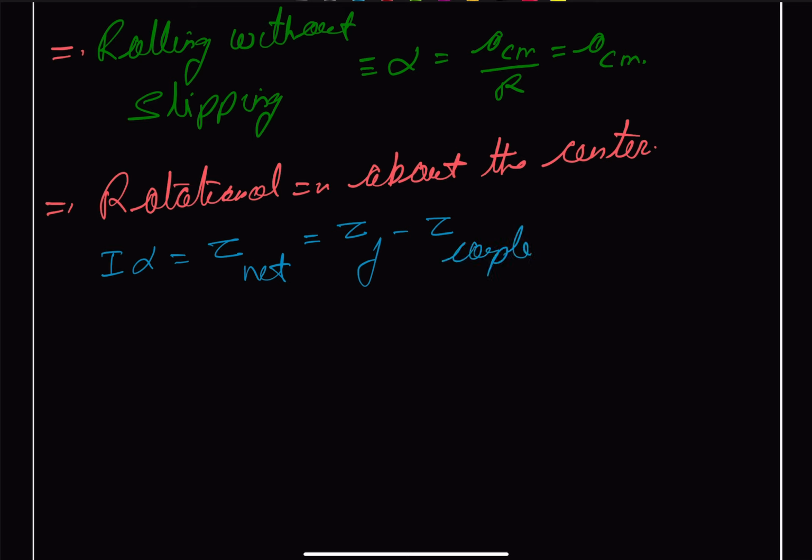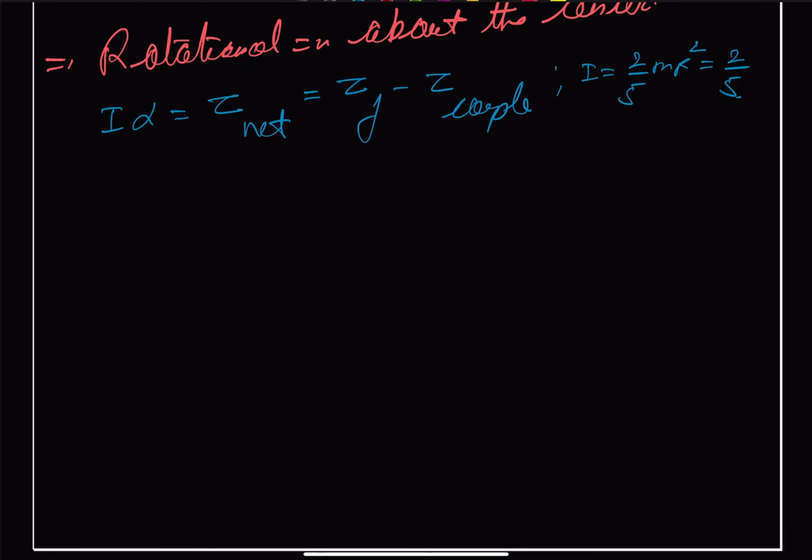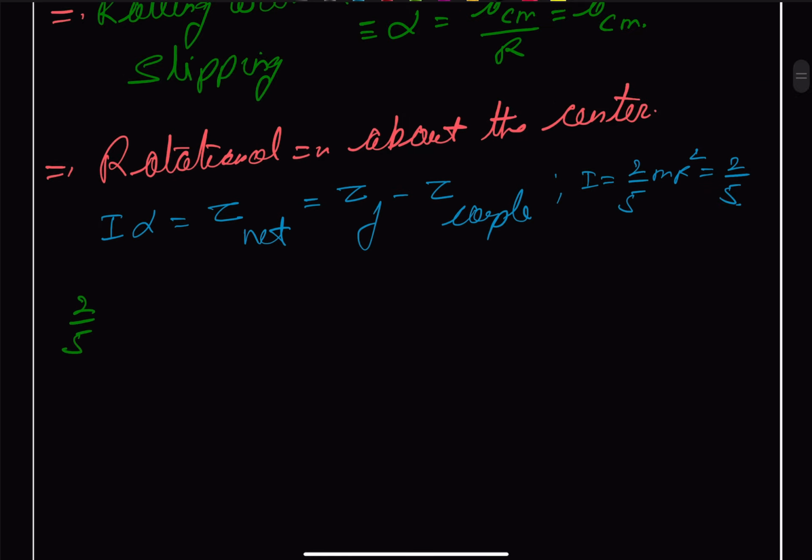We can easily find that our moment of inertia will be 2 by 5 m r square. Mass is 1, radius is 1, so this will be 2 by 5, and alpha is equal to ACM.